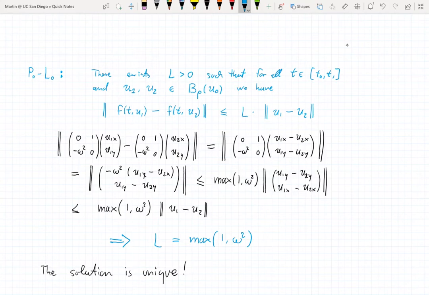So, just writing down the definition of f, we take the Euclidean norm of the difference of two matrix-vector products. So we take this matrix 0, 1, negative omega square, 0, and multiply it with the first vector u1, and we subtract the same matrix applied to the second vector u2.